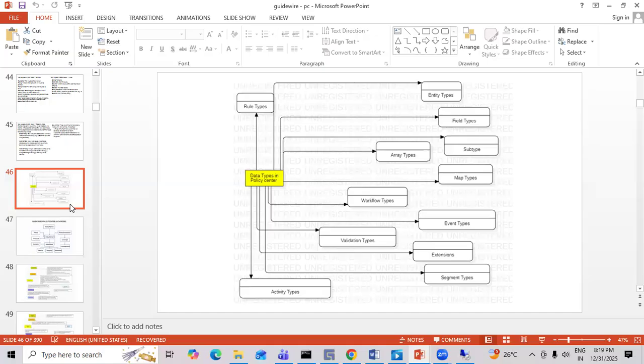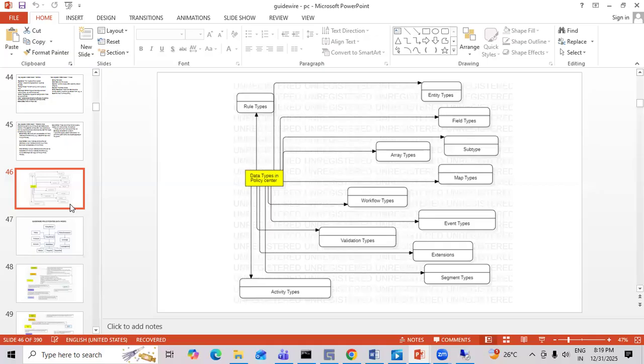Next, validation types. Next, extensions.